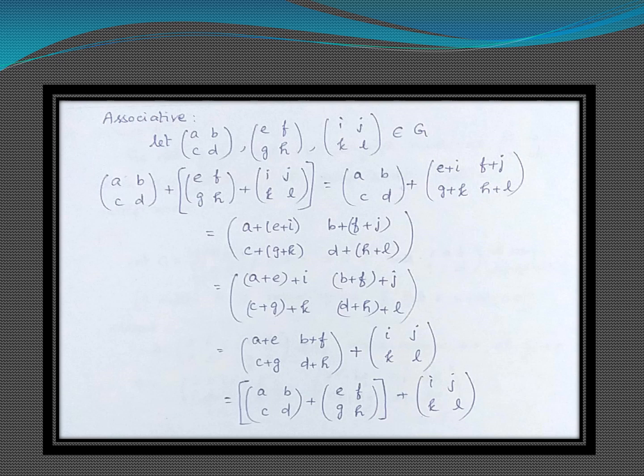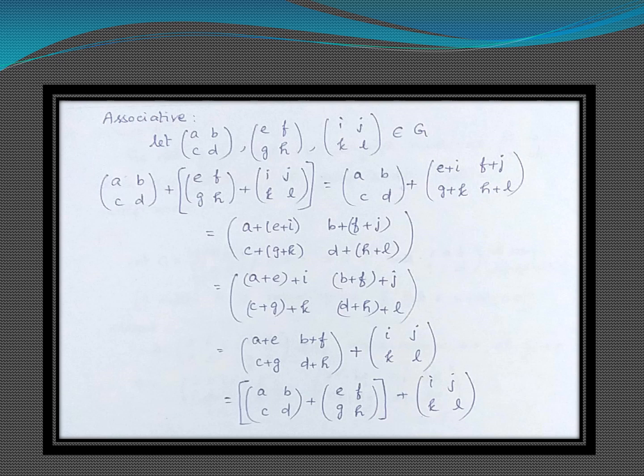Then we can write this as A plus E plus I, which can be written as A plus E plus I. Similarly, we can write B plus F plus J, C plus G plus K, D plus H plus L, which is equal to, then we are going to split the matrices.